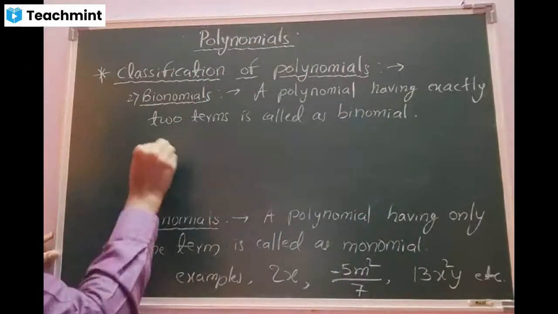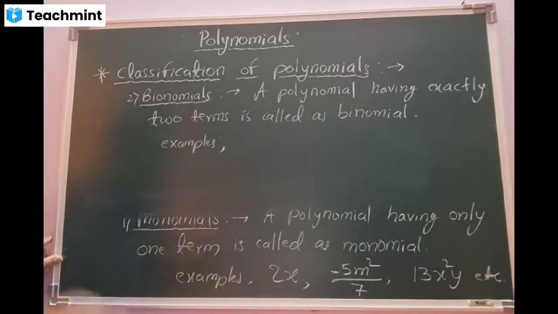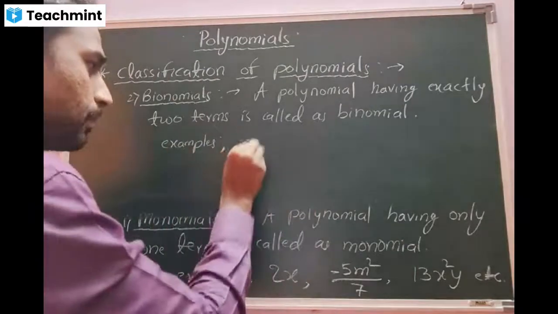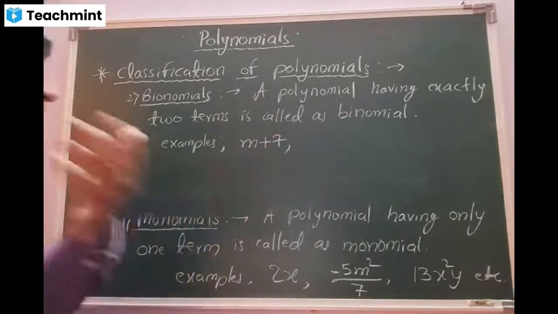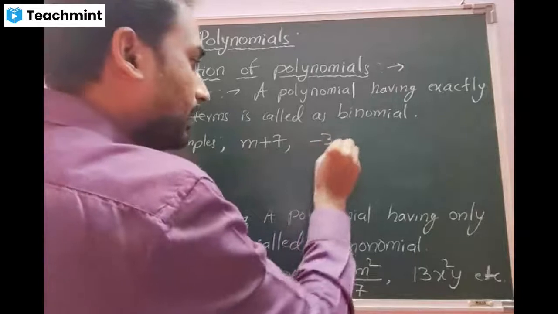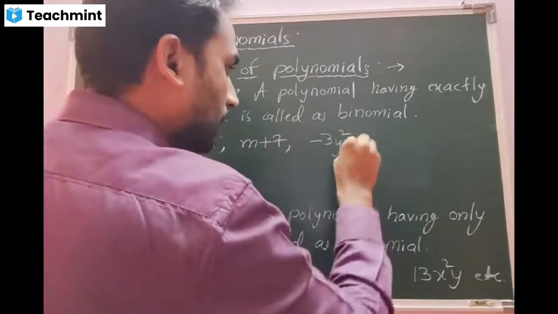We'll take some examples better. Number 1, I'll make it as simple as possible: m plus 7. This is the first one. Let us go for the other: minus 13y squared plus 2y.